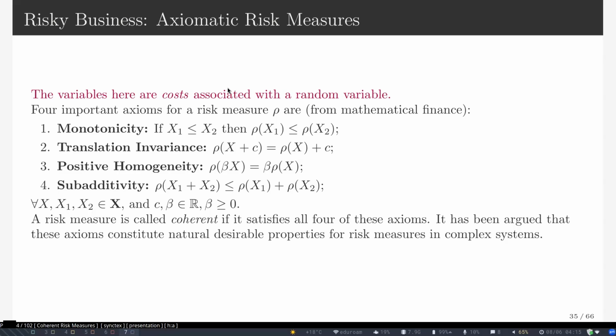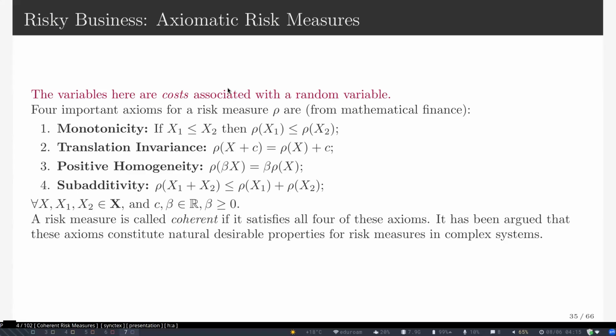Monotonicity. If something is cheaper than the other thing, it has lower risk than the other. Translation invariance. If I have a pile of cash, it doesn't really change the risk. So it's translation invariant. Positive homogeneity.